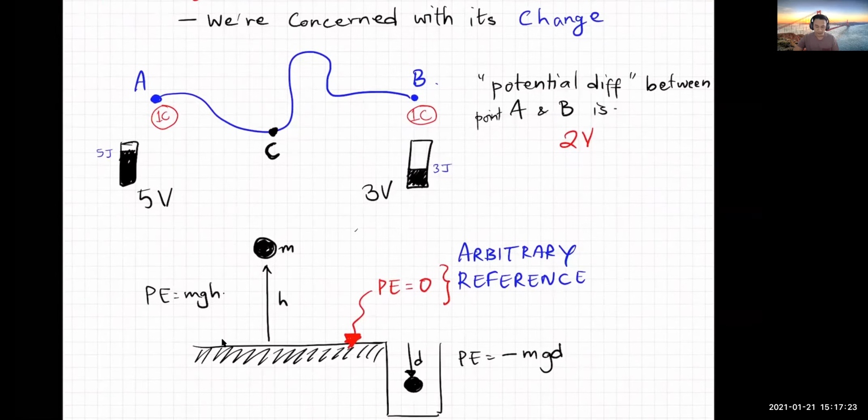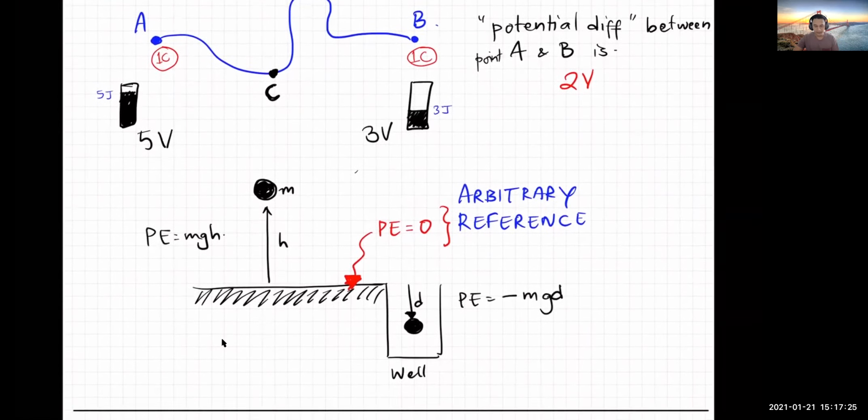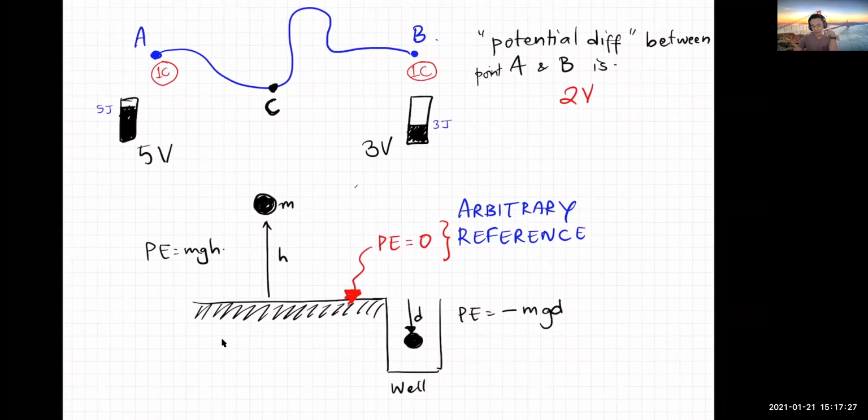So another way of looking at it is voltage is electrical potential energy per unit charge, right? If you've taken any classical mechanics courses, whenever we're talking about gravitational potential energy also, we don't have an absolute zero of gravitational potential energy, right?